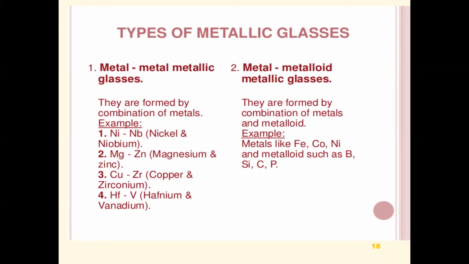For example, if we construct the glass using metals like Ap, Co, Ni and metalloids such as B, Si, C, P, then you can construct glasses like ApB, FeNi, FeC, FeP, etc. So these are the metalloid metallic glasses.